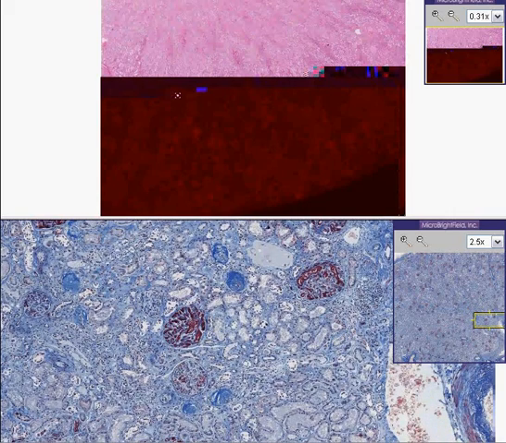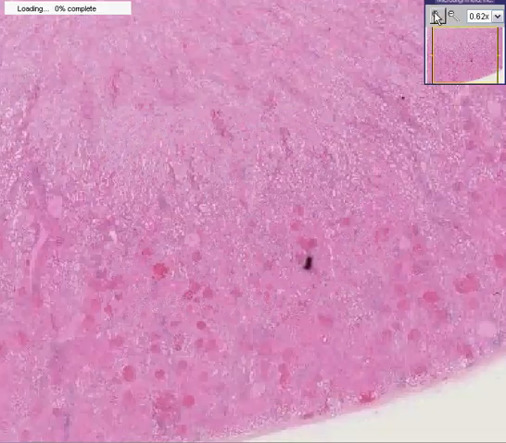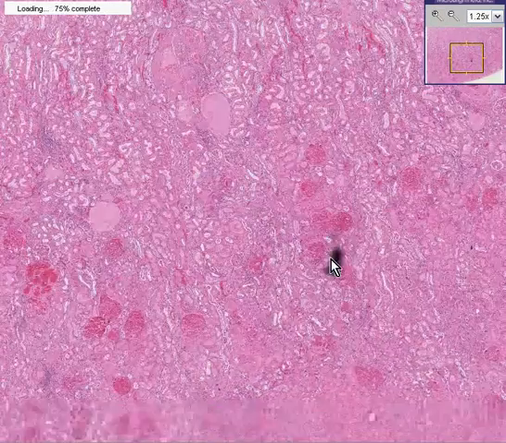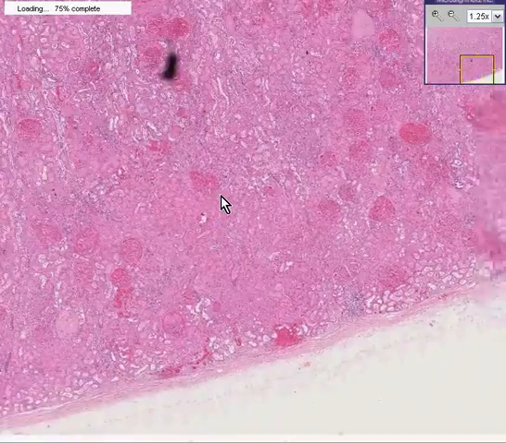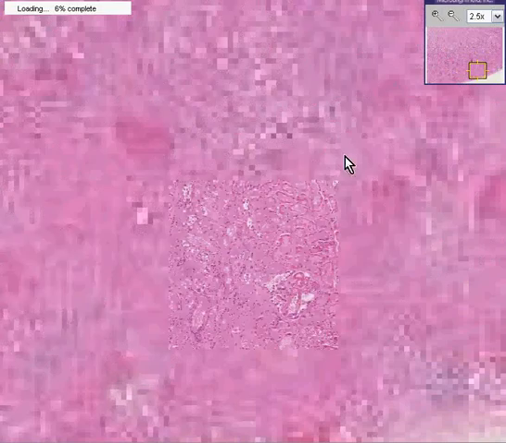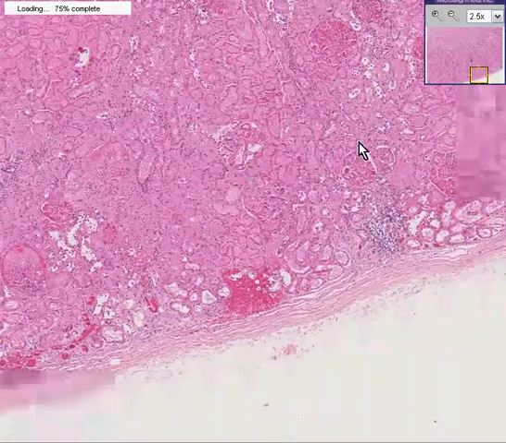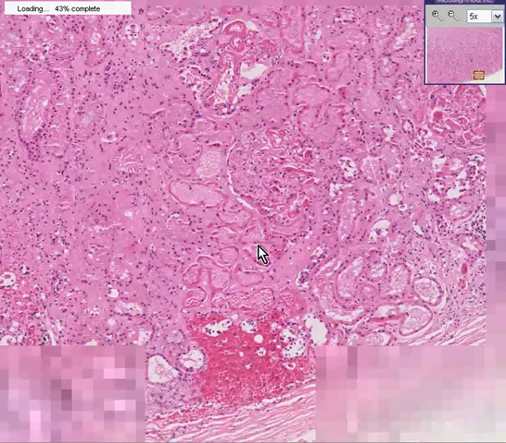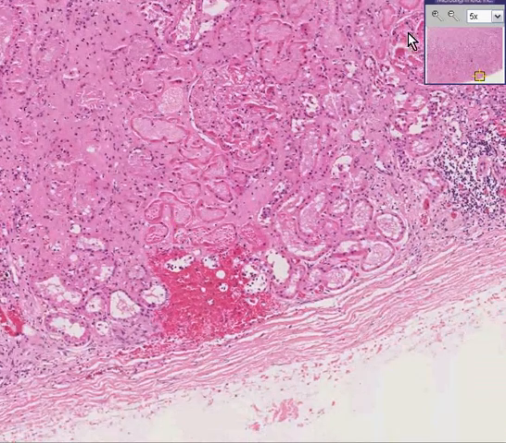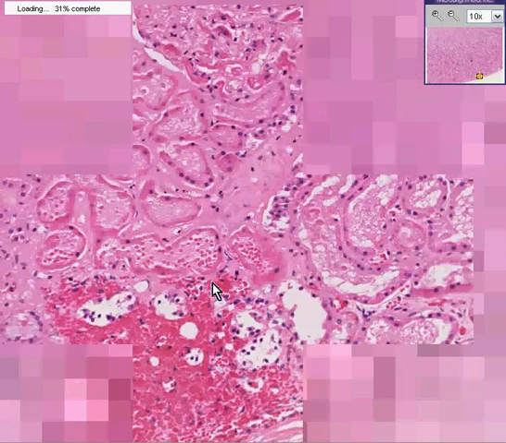And it also explains why the other parts of the cortex, noticeably the tubules, look like they have lost their nice nuclear and cytoplasmic differentiation, and that's because they are infarcted.